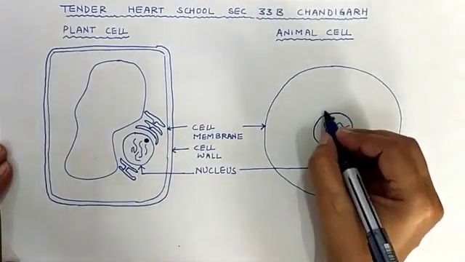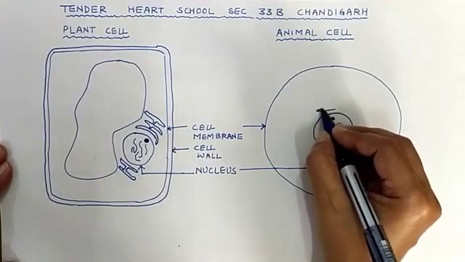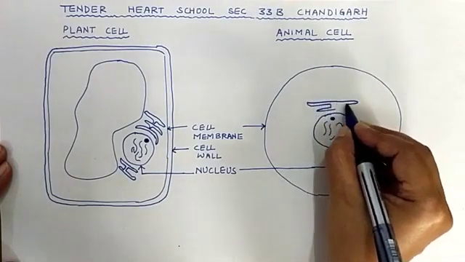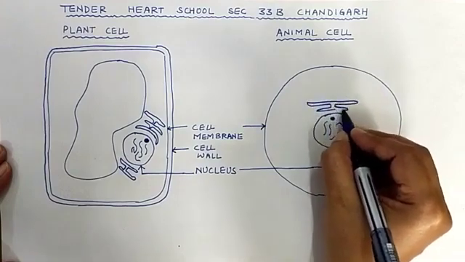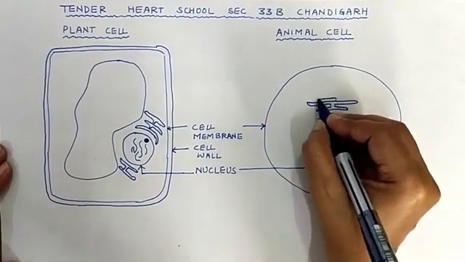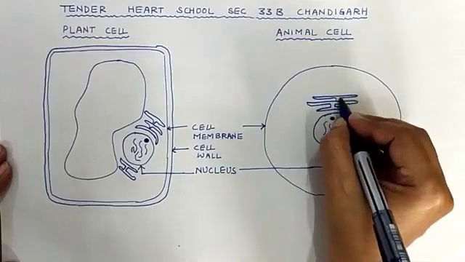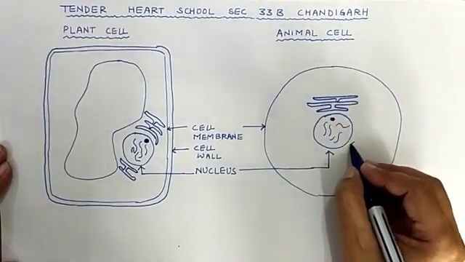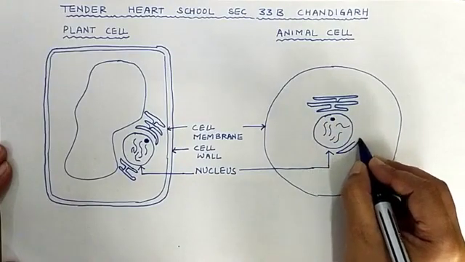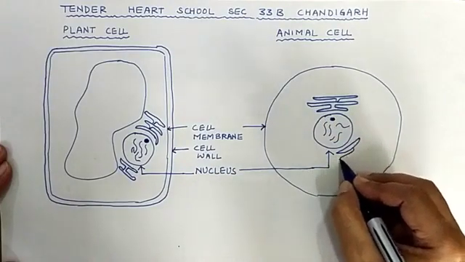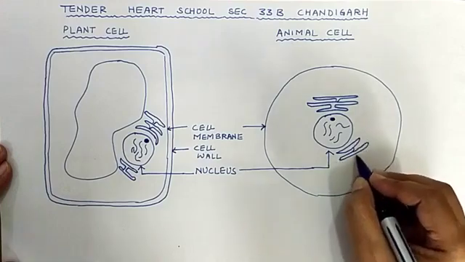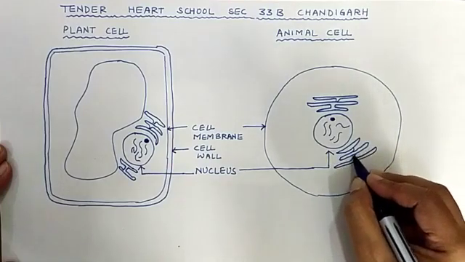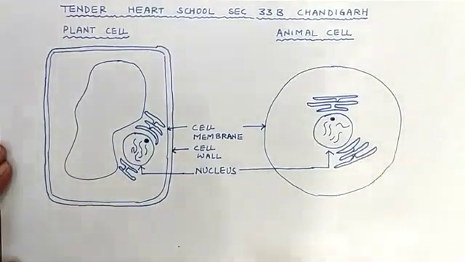Okay. So this way you can show the endoplasmic reticulum. It is near the nucleus, right? So this way you can show. These are the membrane bound organelles which are giving a rigid framework to the cell.